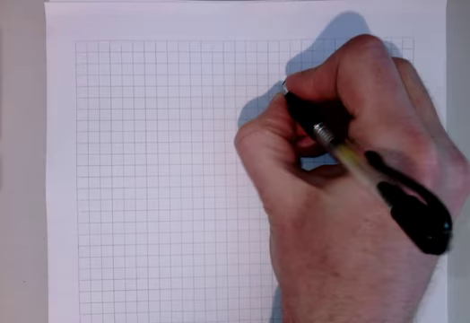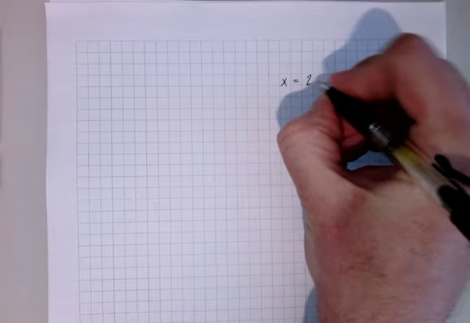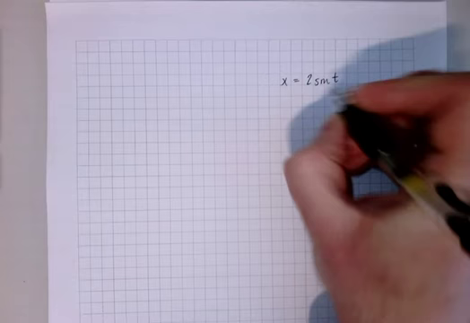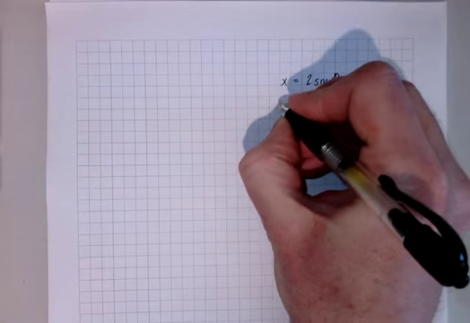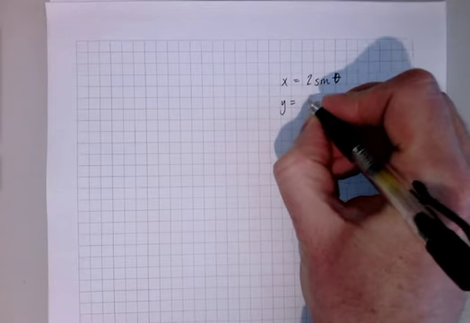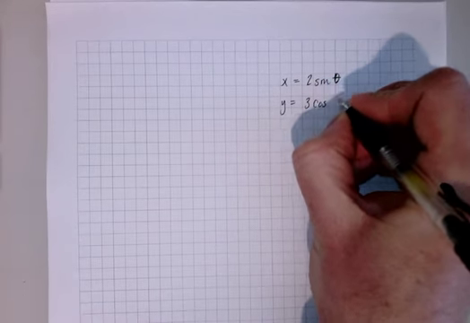Now, let's go ahead and do an example of a conic. Now you may remember that x is equal to 2 sine t, or actually we can call it theta, it's not a big deal. Y is equal to 3 cosine theta.